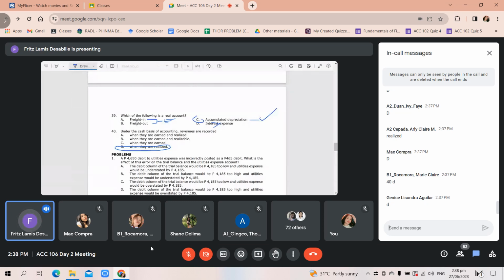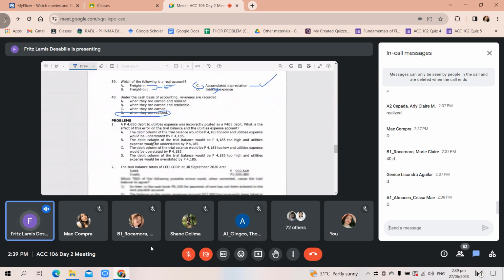Under the cash basis, realized means you have collected the fee for the service you rendered, meaning you have already received the payment. That's the difference between earned and realized. Earned is the service or obligation has been rendered, and realized is the cash has been collected. So the answer is letter D. Cash basis of accounting, revenue is recognized when cash is collected.